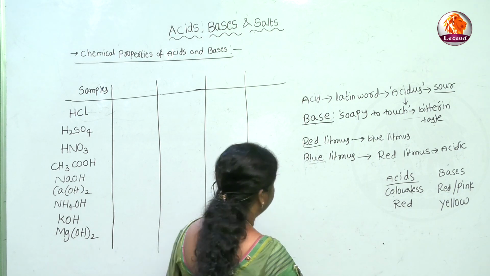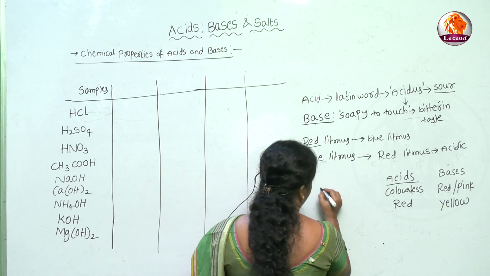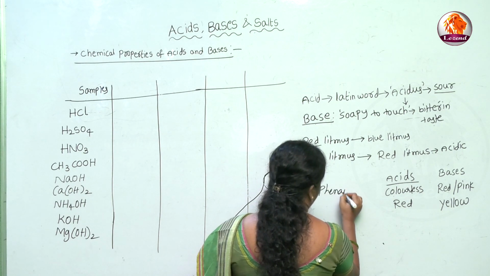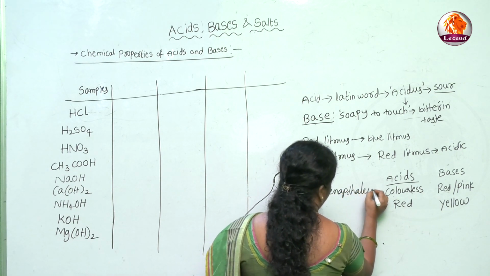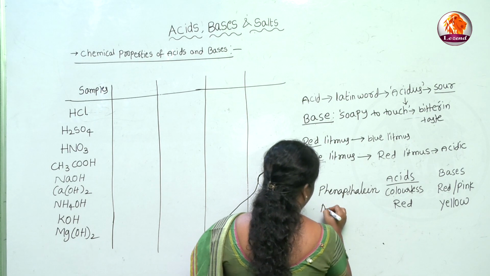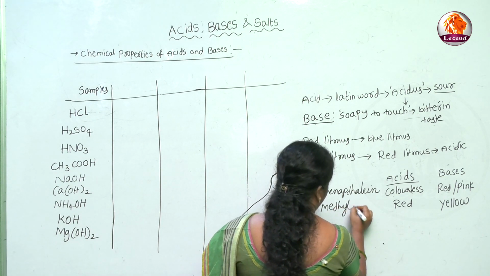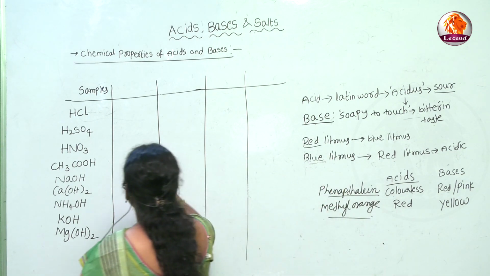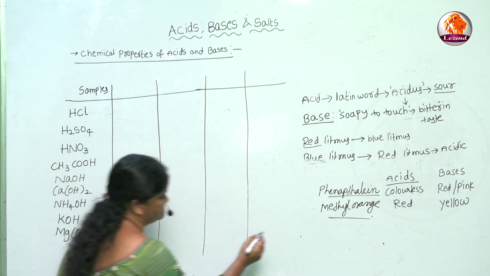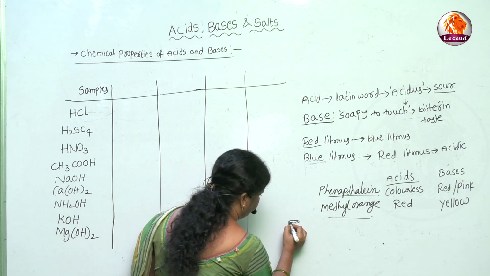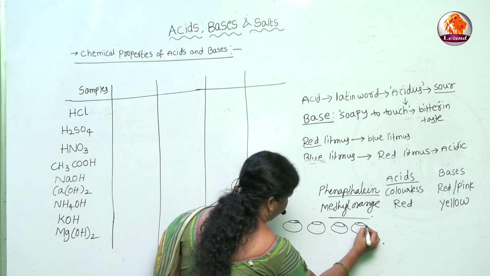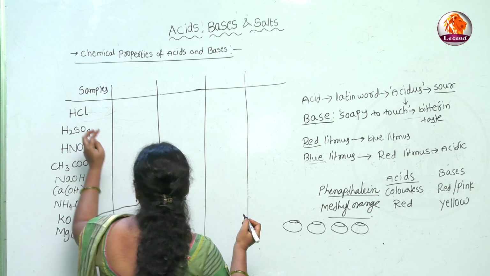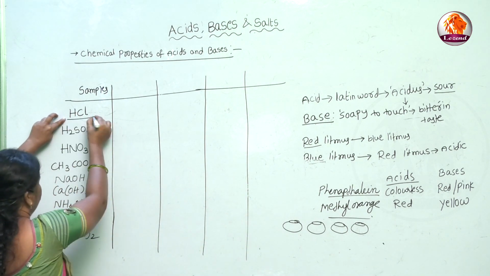We have to take the drops of phenolphthalein and methyl orange. On 4 watch glasses, first, which solution did I consider here? Hydrochloric acid.